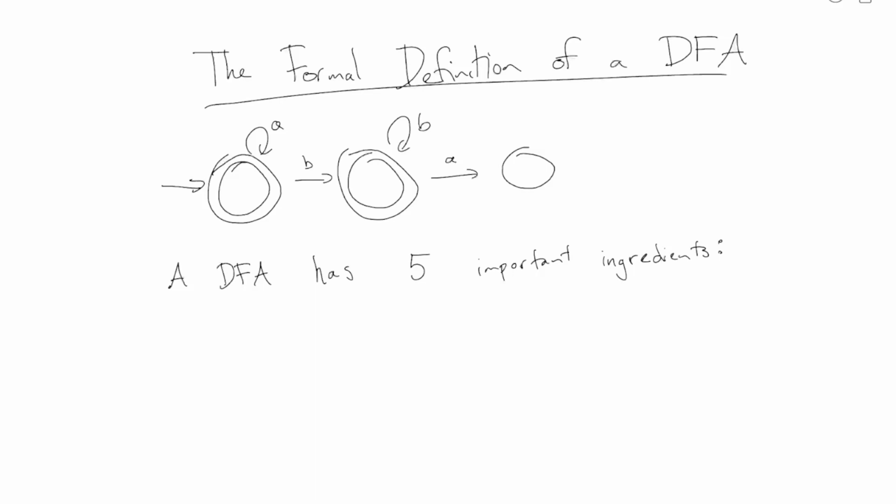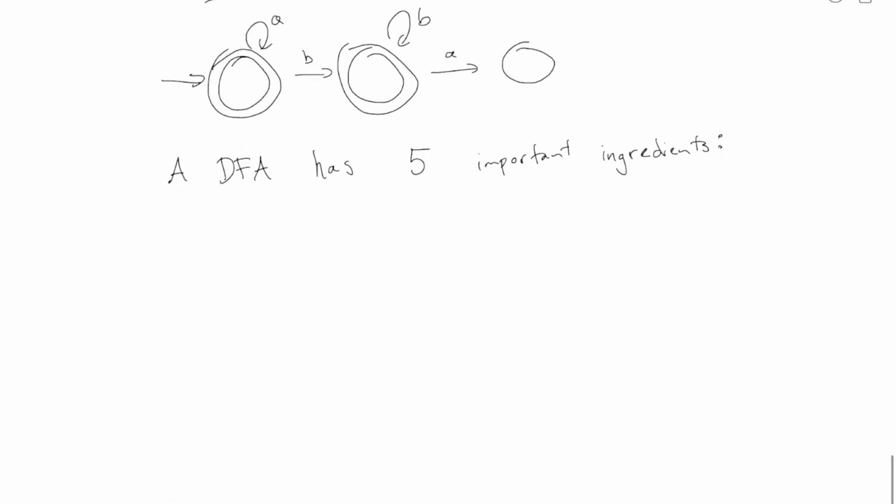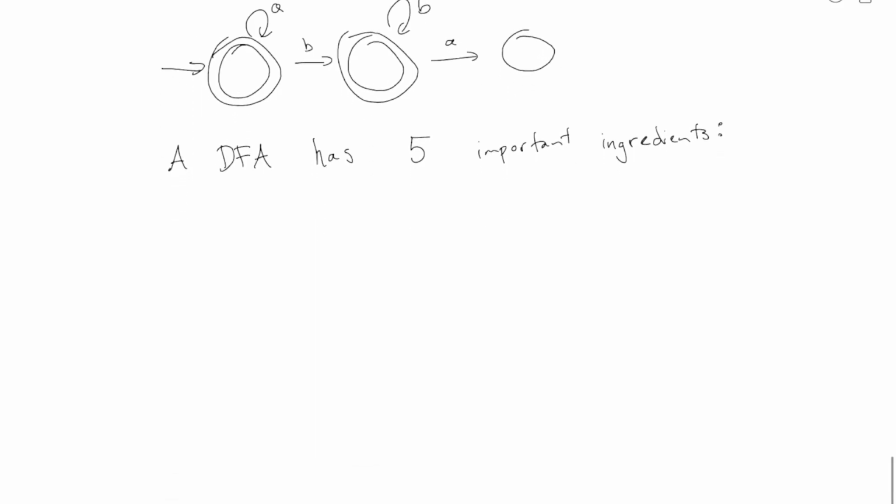And the very first one is sometimes slightly ambiguous when you look at the diagram. But the first one I'm going to say is the alphabet. In this case, the alphabet is A and B.